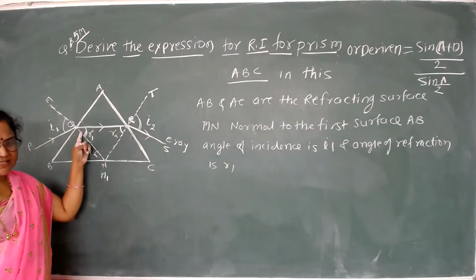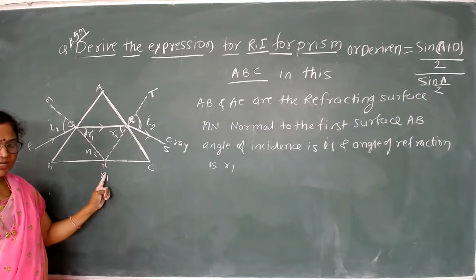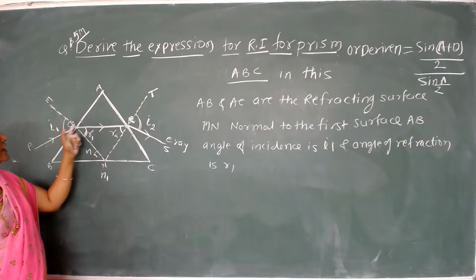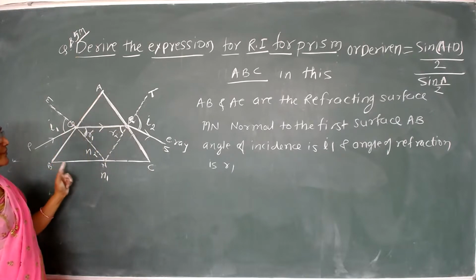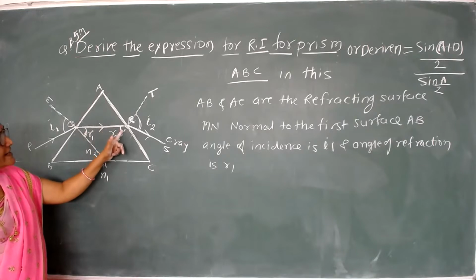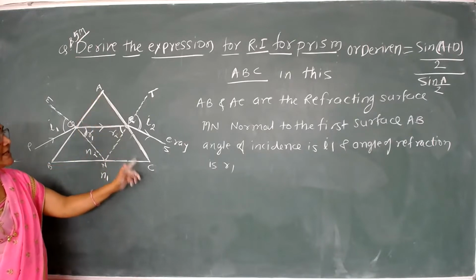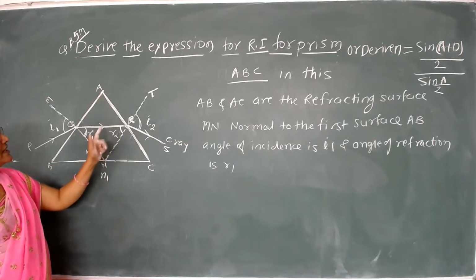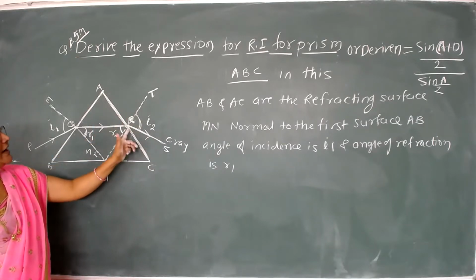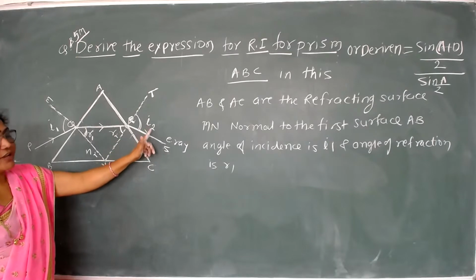Where PQ is the incident ray, we draw a normal, and the angle found is known as the angle of incidence. QR is the refracted ray for the first surface, and the angle is known as the angle of refraction, and this ray is incident on the second surface, and at that time the angle of incidence is R2, and the ray is refracted away from the normal, and that is known as the angle of emergence I2.